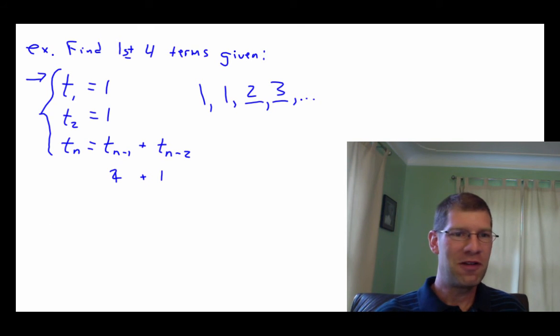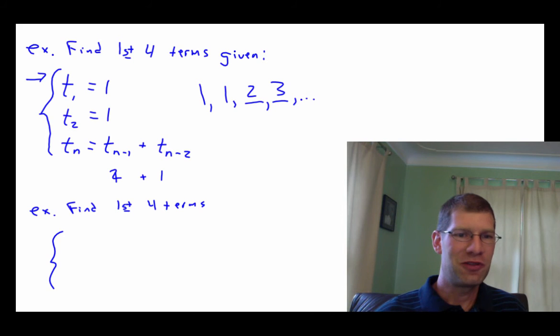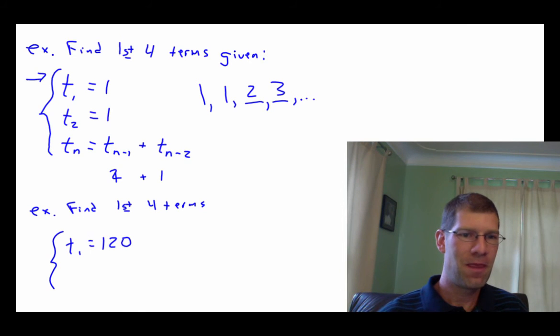Otherwise, if you want one last, more normal example, we'll say find the first 4. And here's one that's a little bit more normal. So we'll say T sub 1 equals, we'll do 120. And T sub n equals T sub n minus 1 divided by 2.